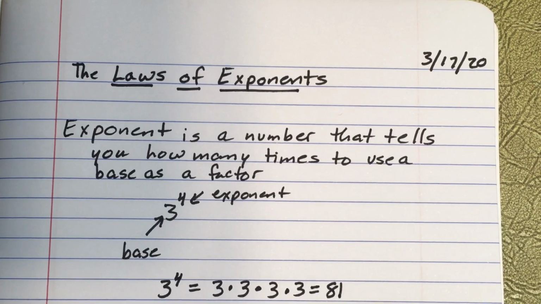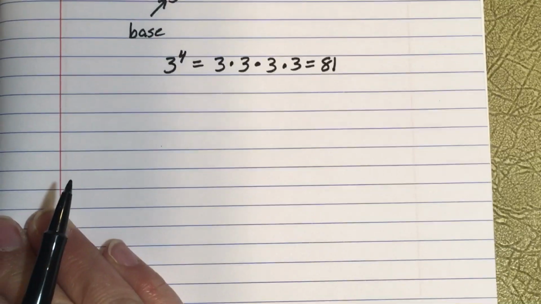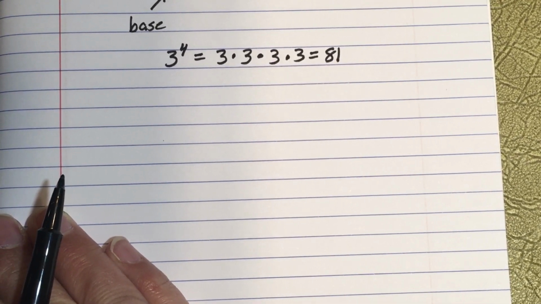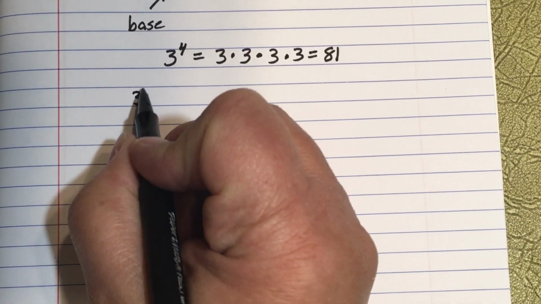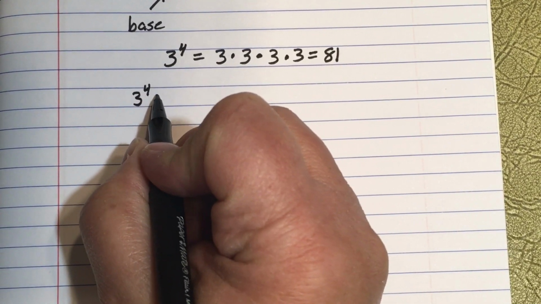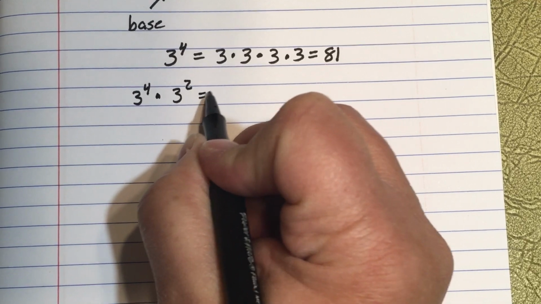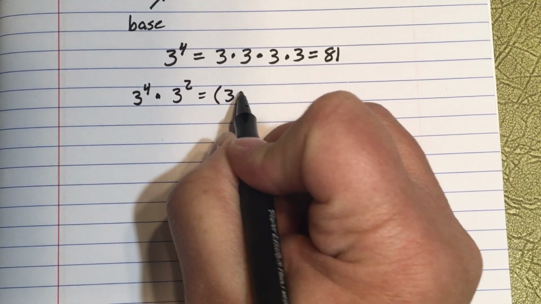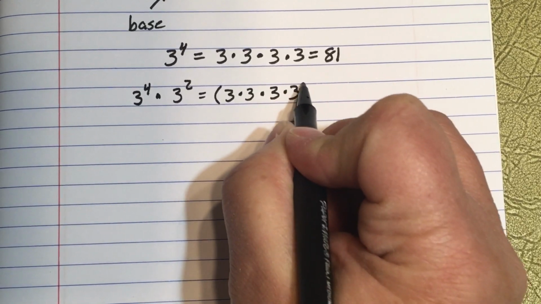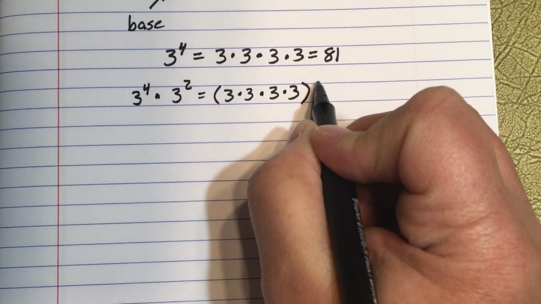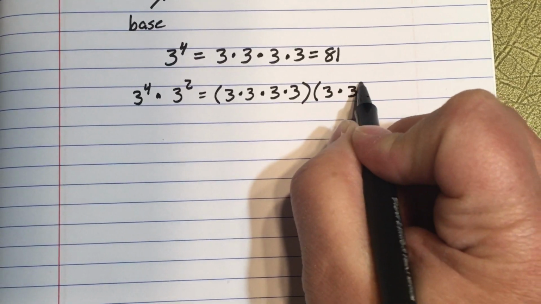Now, you can multiply numbers with exponents, but the numbers have to have the same base. So, if you have 3 to the 4th power times 3 to the 2nd power, that would be equal to 3 times 3 times 3 times 3, 3 to the 4th power, times 3 times 3.